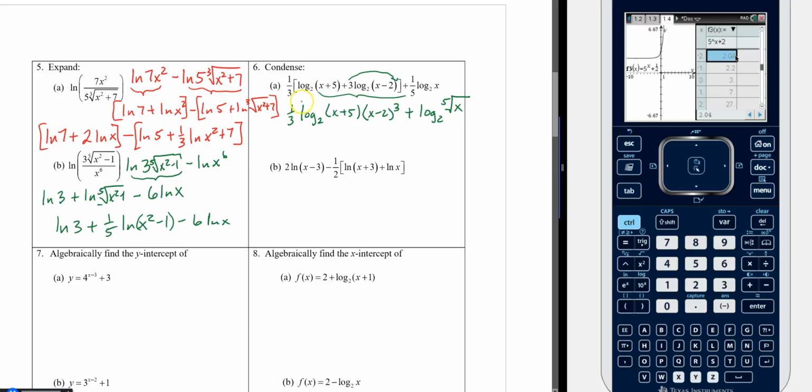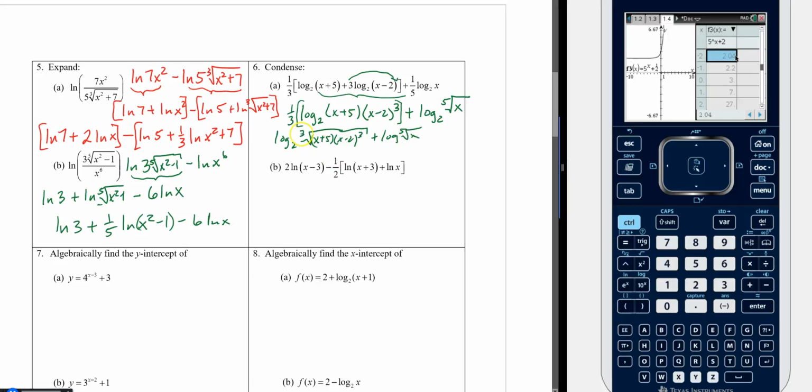Now since this 1/3 is wrapped around this entire log base 2, I can have log base 2 of the cube root of x plus 5 times x minus 2 cubed, plus log base 2 of the 5th root of x.